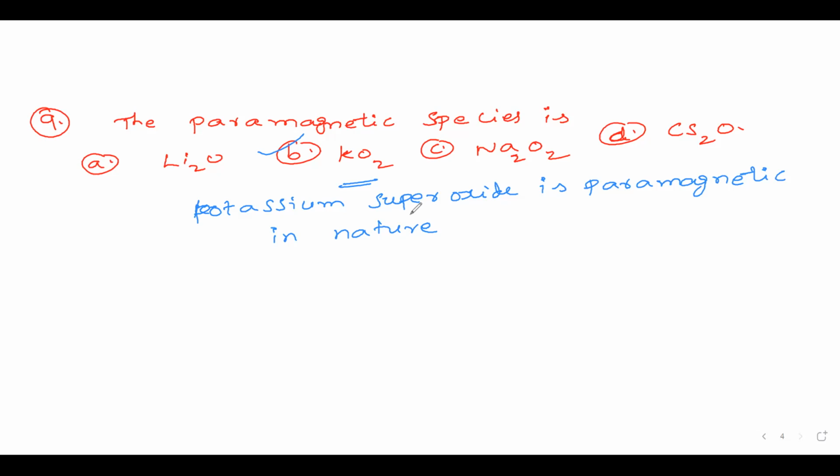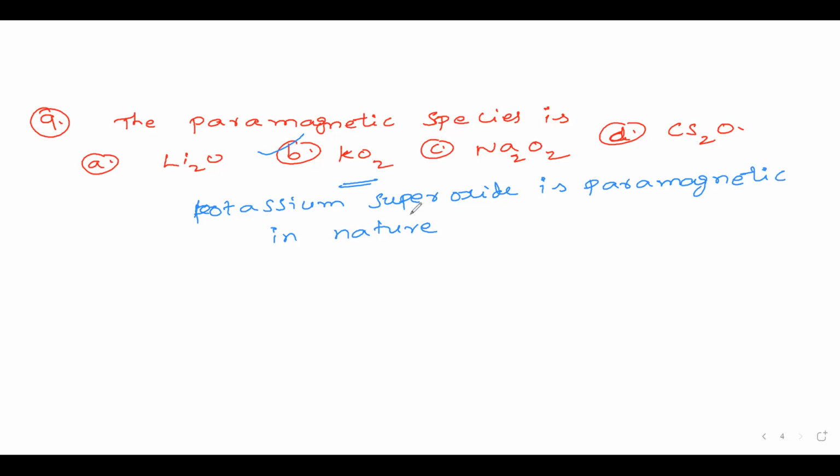And if you see the structure of potassium superoxide, let me show you the structure of superoxide. Please note down. In superoxide, the oxidation state of oxygen is -1/2.